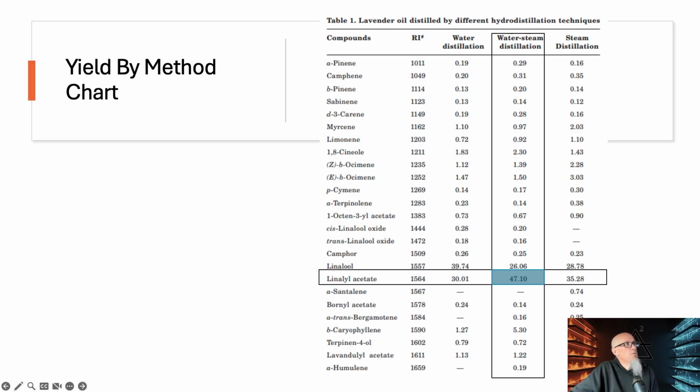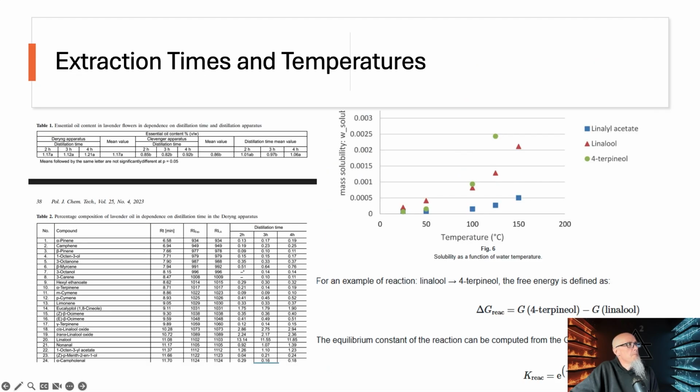Yield by chart. This was from, I believe, a different article. And then extraction times and temperatures here. So when you start looking at these temperatures right here, so 150, this is not going to work. All right, this is going to be way too high.